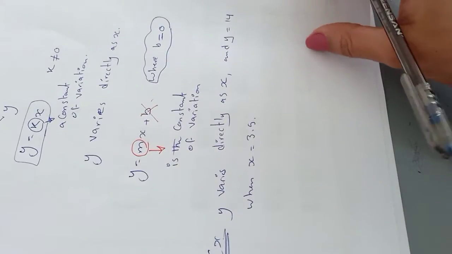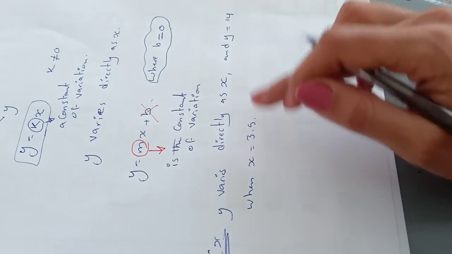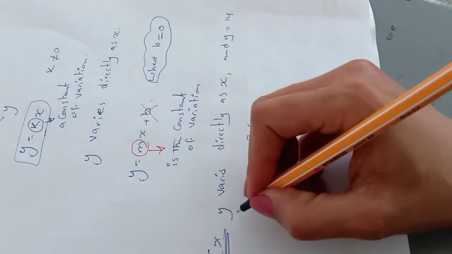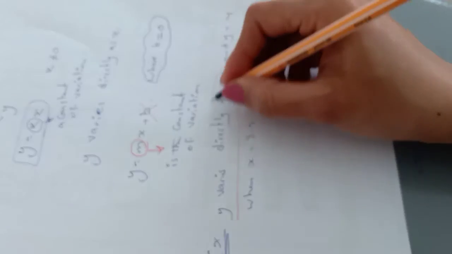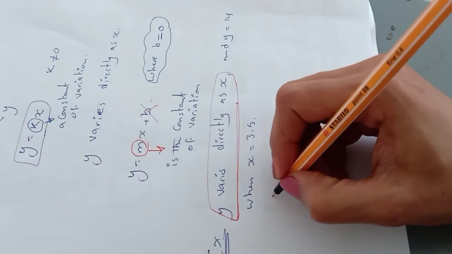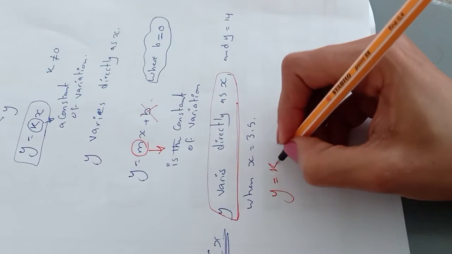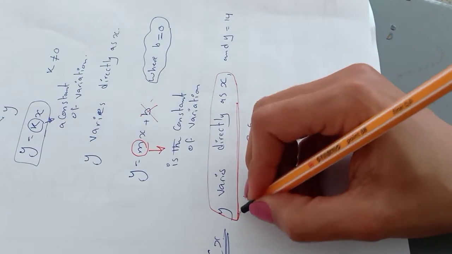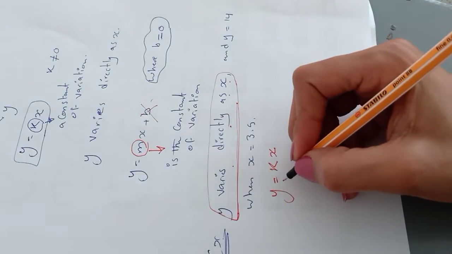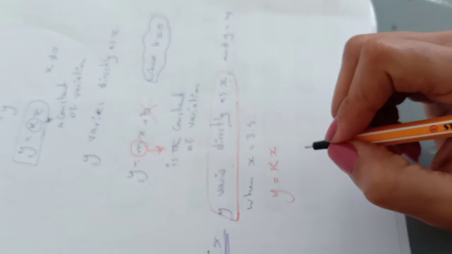As stated, y varies directly as x, so we translate it as y equals kx.